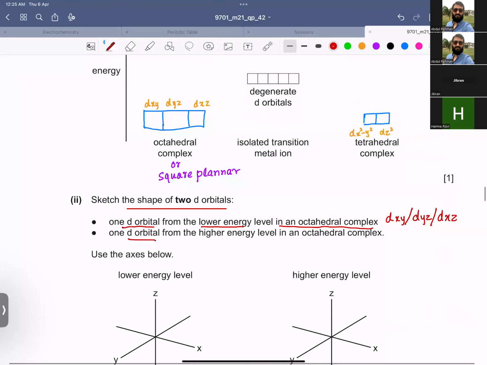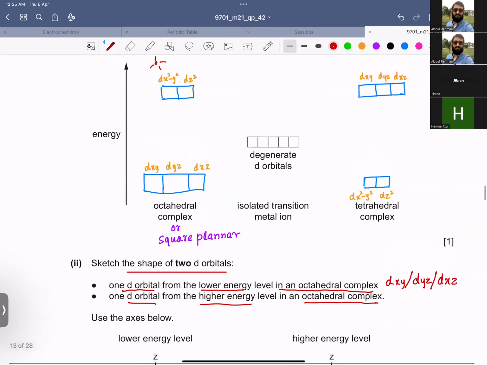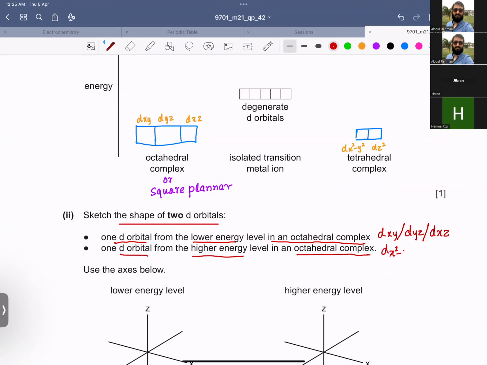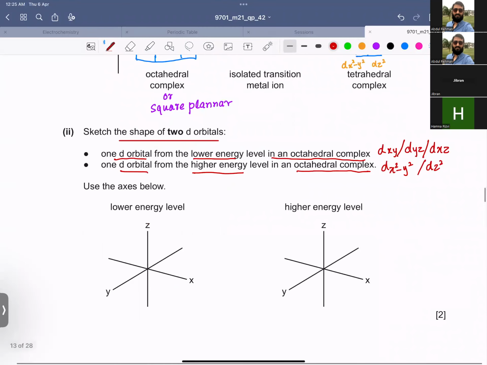And one d orbital from the higher energy level in an octahedral complex. So it can be dx square minus y square or dz square. Okay, so I think it is easier to make dz square, which is higher energy level.